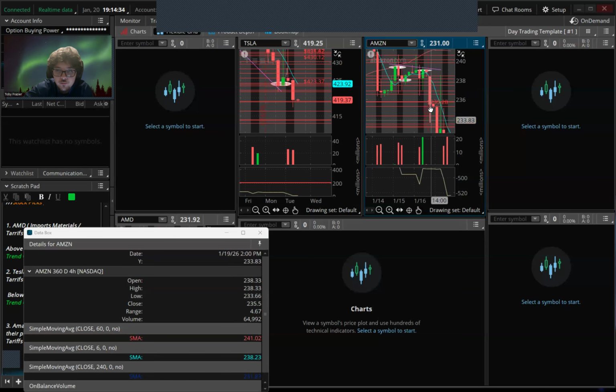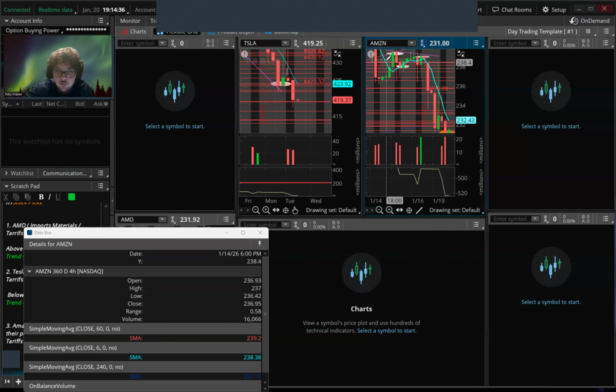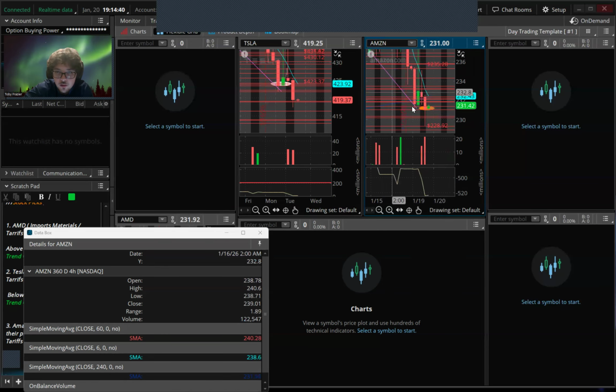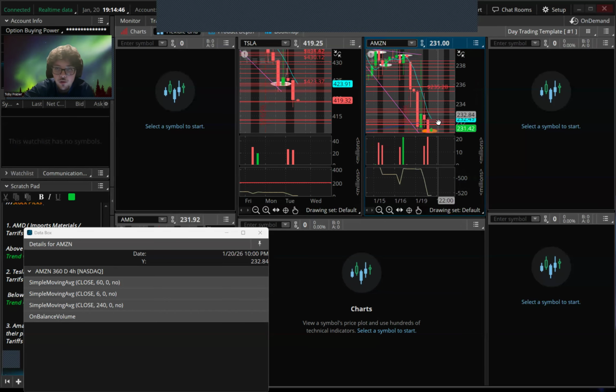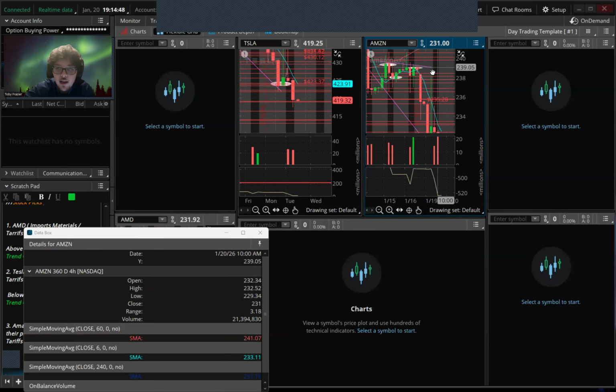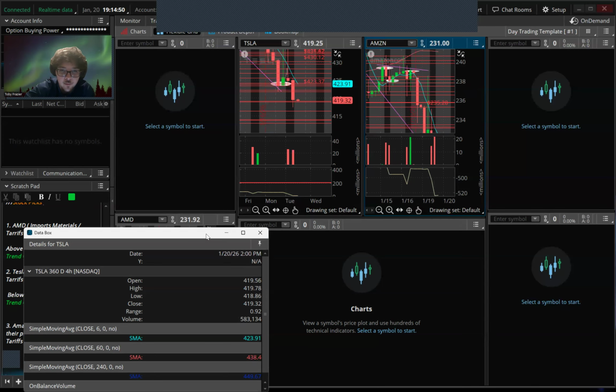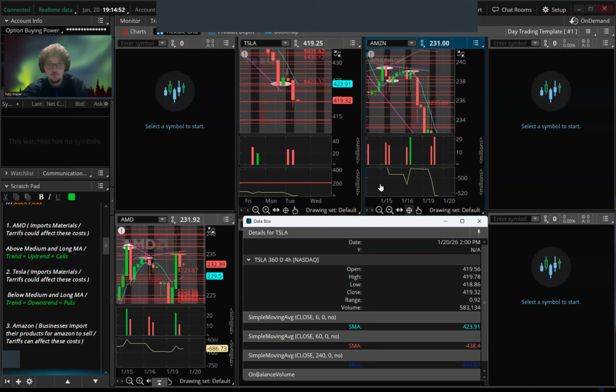It may form a lower low. We'll have to see tomorrow. At the moment, we have a lower high, which equals a downtrend.